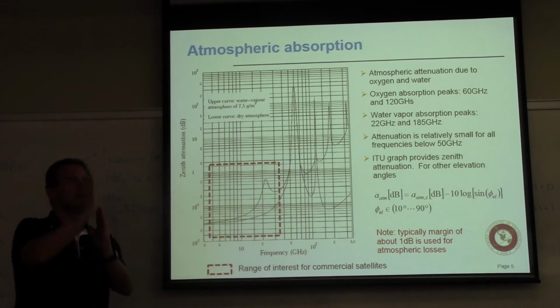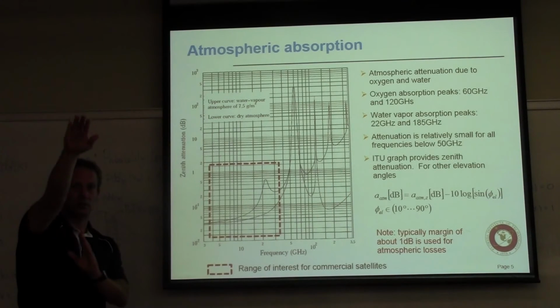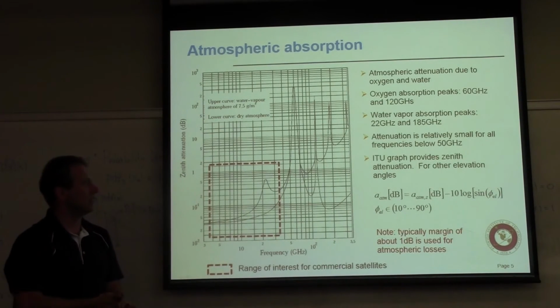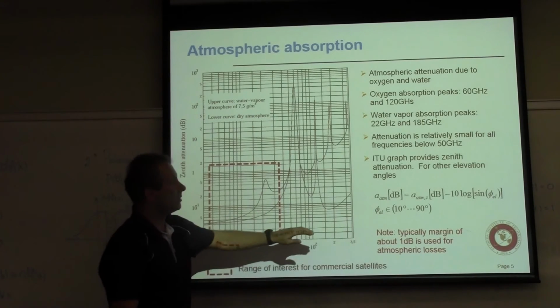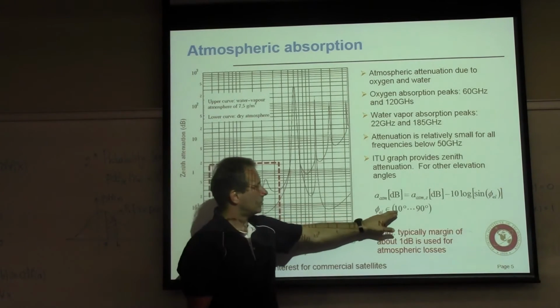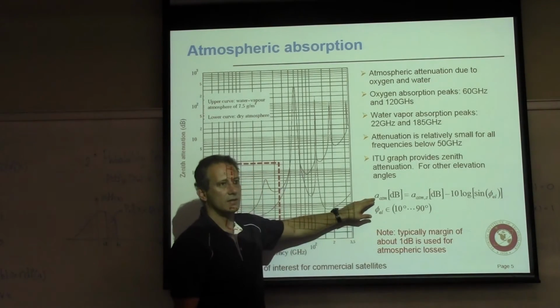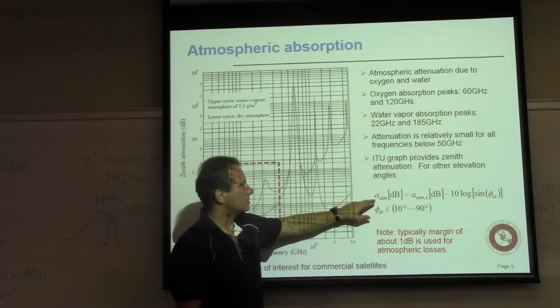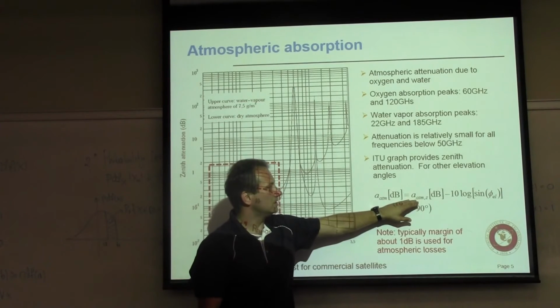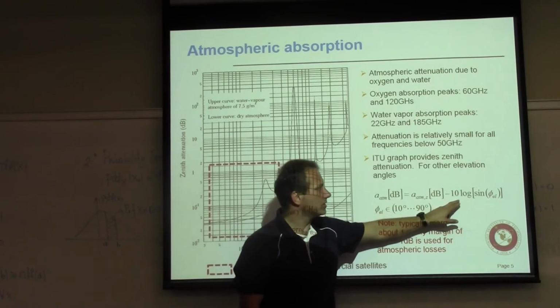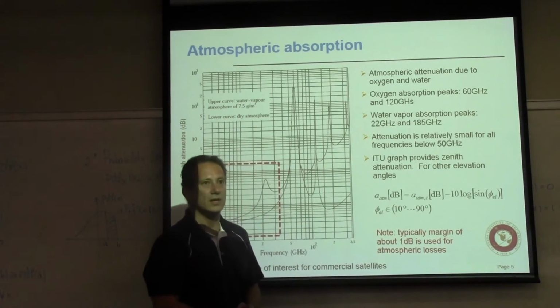Now, usually you don't go straight up, right? Usually you are talking to a satellite at a given angle. So for elevation angles between 10 and 90 degrees, this is how I can calculate additional atmospheric losses: whatever the zenith attenuation is, plus or minus 10 log of the sine of the elevation angle.